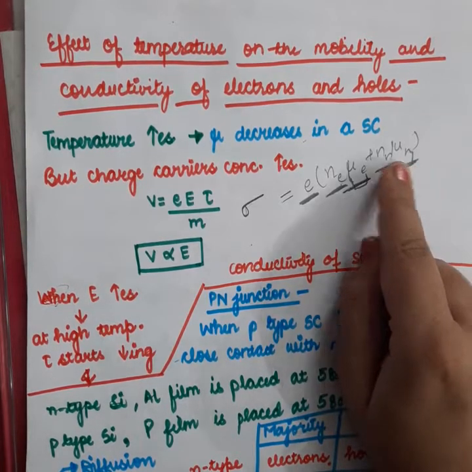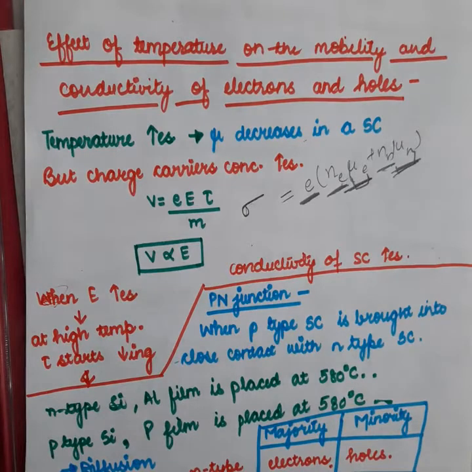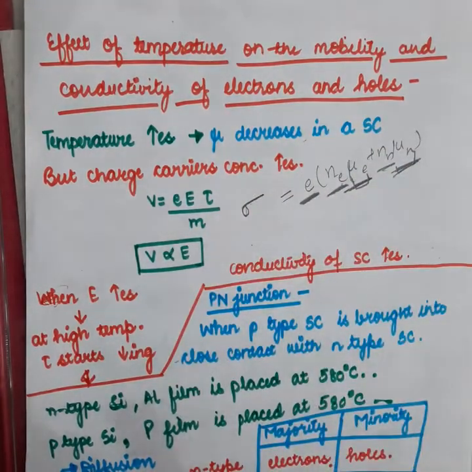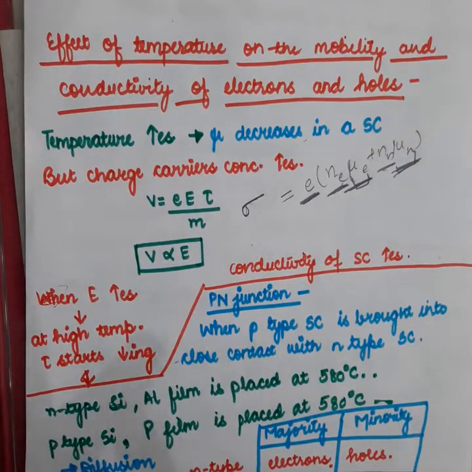Right now, we don't know whether the extrinsic semiconductor has holes or electrons as majority charge carriers. We don't know whether it is N-type or P-type, so it's simply an equation dealing with an extrinsic semiconductor.